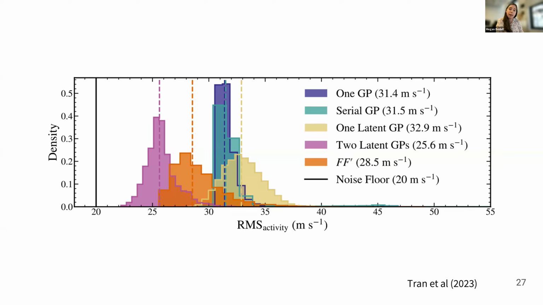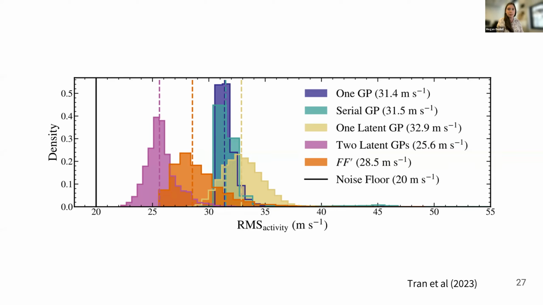We also find a similar degree of outperformance for the two latent GP model if we make the RVs and the flux asynchronous, at which point FF prime isn't even possible. And Kwong, this has been published, you can find it on arXiv, and Kwong is now working on applying this method to real data using his data sets of the young stars observed with IGRINS.